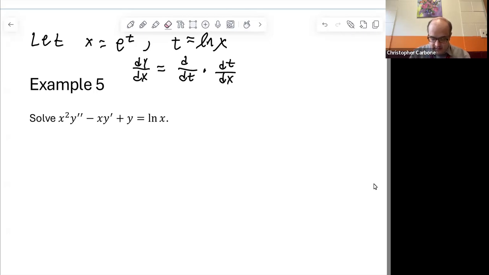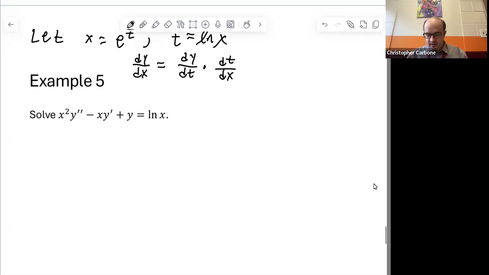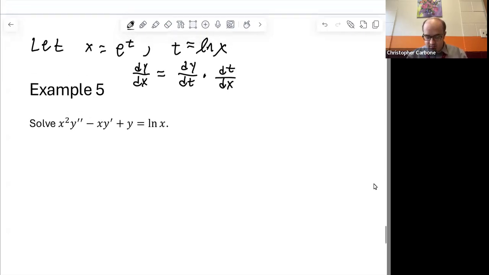So in doing so, this would be for that derivative of y with respect to t. We don't know what that particular value is, so we need to leave that there. But the derivative of t with respect to x, that's the derivative of this natural log of x, which will just be 1 over x. And again, times that dy over dt.